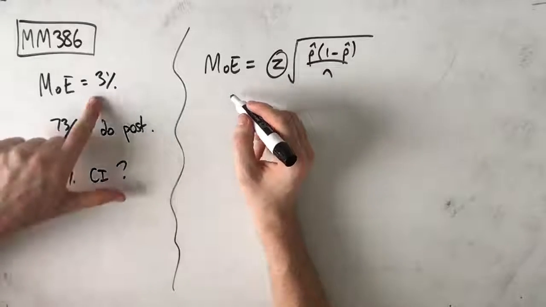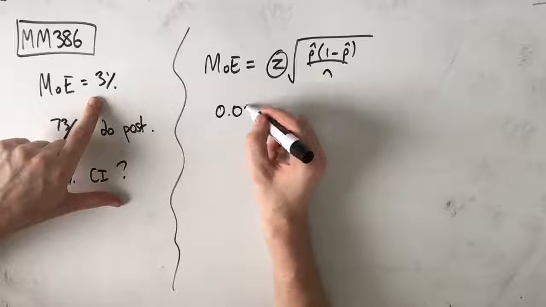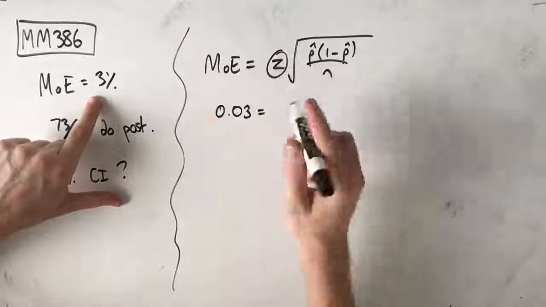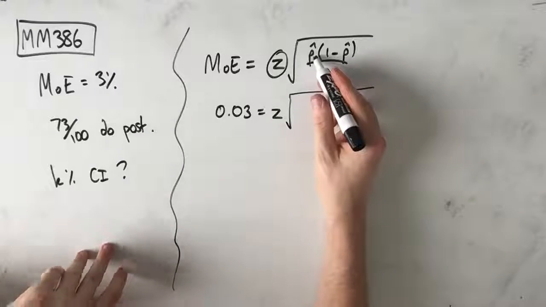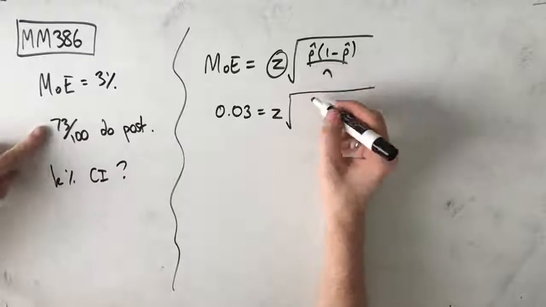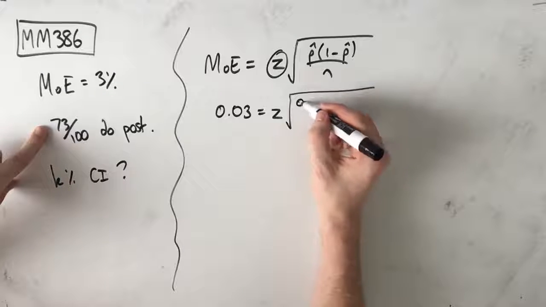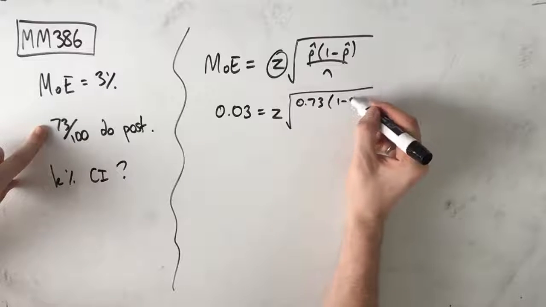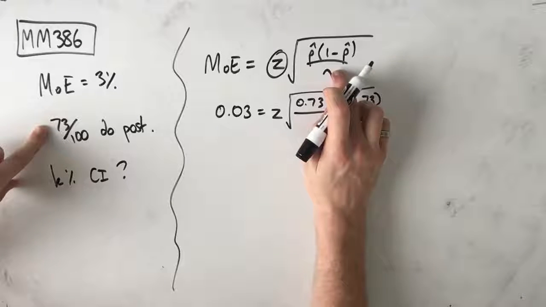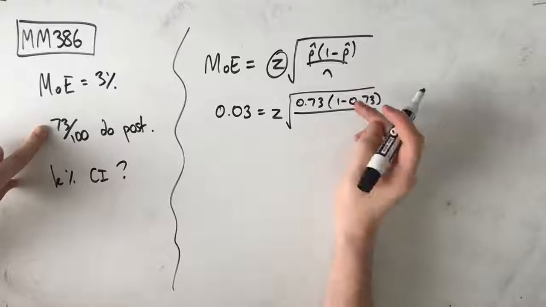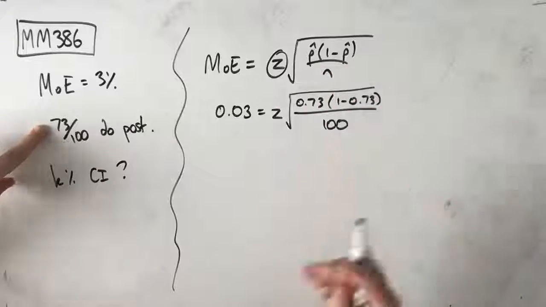So we know that our margin of error is 3%, which means that 0.03 is our margin of error. We don't know what our z value is, that's what we're trying to find. We know that our proportion of teenagers is 73 in 100, so 0.73, multiplied by 1 minus 0.73. And we know that our n value is the number of people surveyed, and 100 people were surveyed.